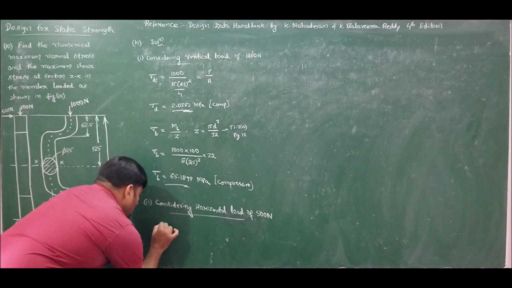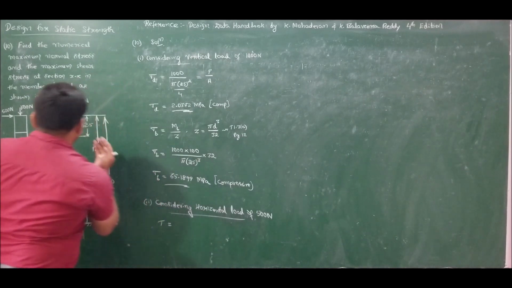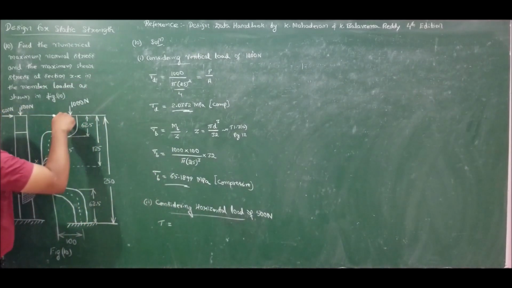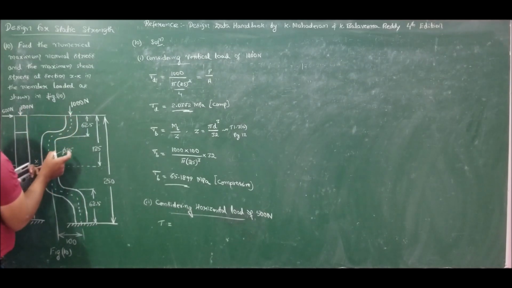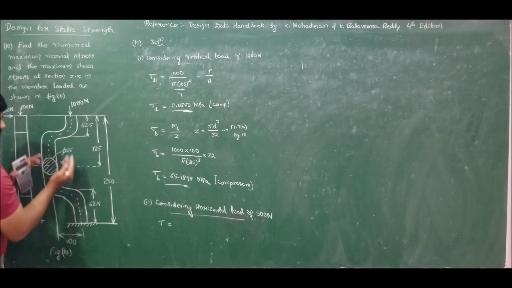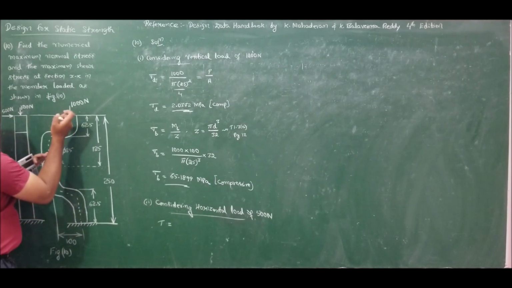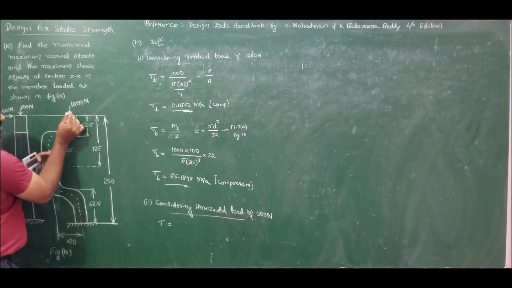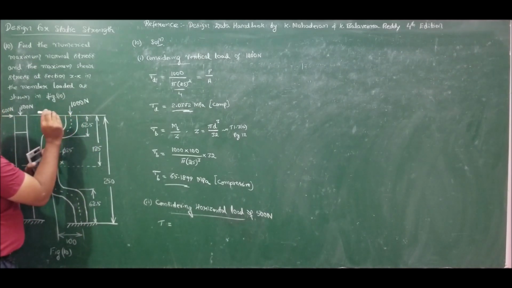So therefore how much is the torque? Torque T. For torque T twisting, we have 500 Newton and it is causing twisting. So this distance is 100. Torque is acting like this. 500 Newton is coming from inside the board towards the observer, so it is causing torque like this.